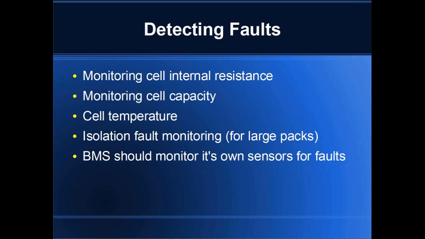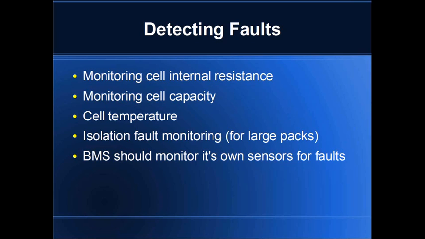That's very helpful because if you have a cell that is going bad, in general, the resistance of that cell is going to go up. When the resistance of the cell goes up, it generates more internal heat, and those are things that can be detrimental. If you have lithium plating on the cell, the resistance of the cell is also going to go up. So those are things to be monitoring. Likewise, monitoring the cell capacity.